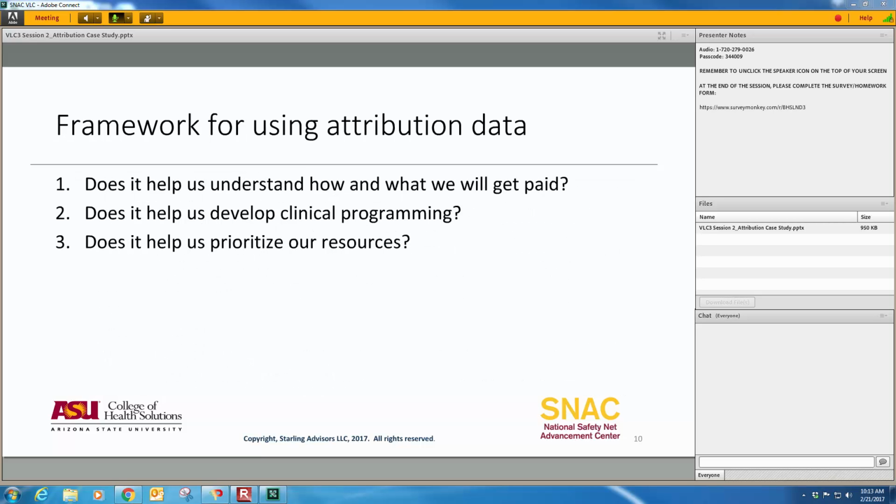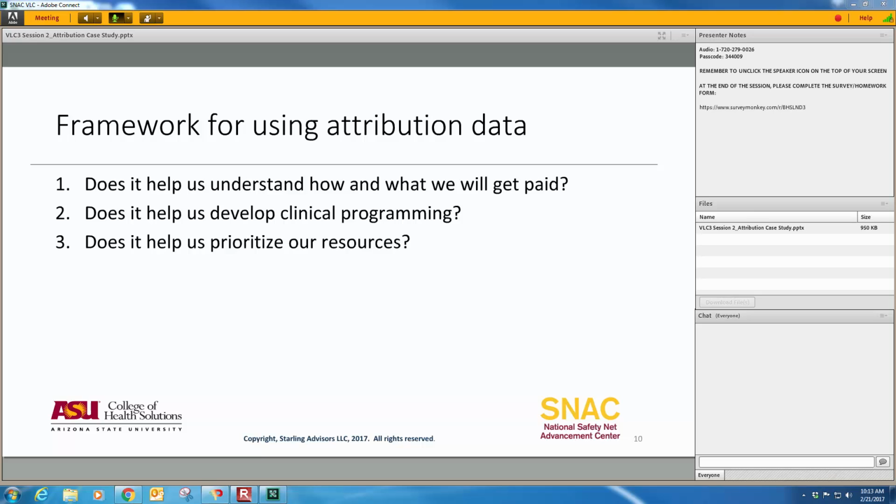So our framework for using attribution data really asks three fundamental questions about attribution data. And we're going to use these three questions as we go through the case study today. Does the data help us understand how and what we will get paid?